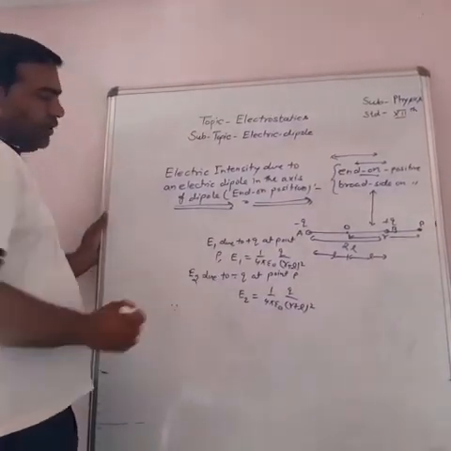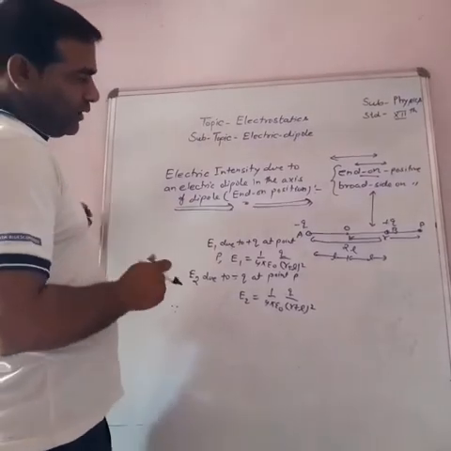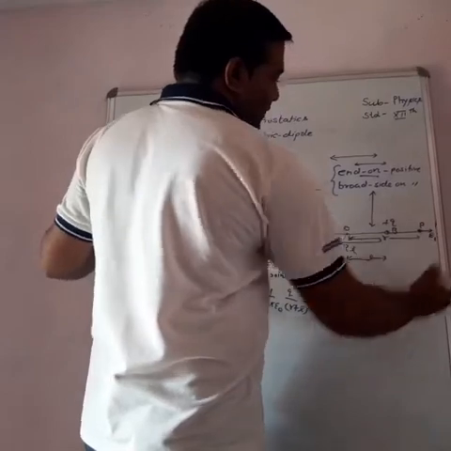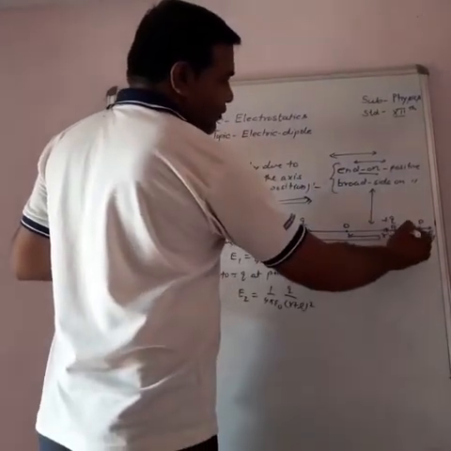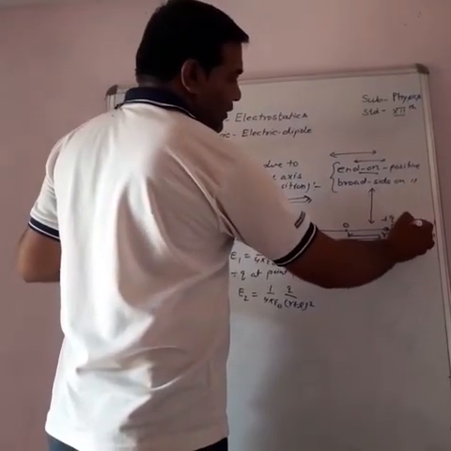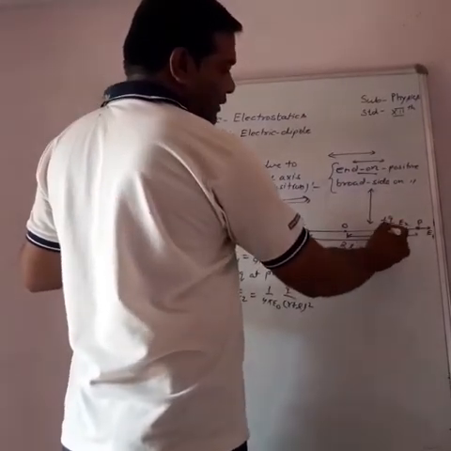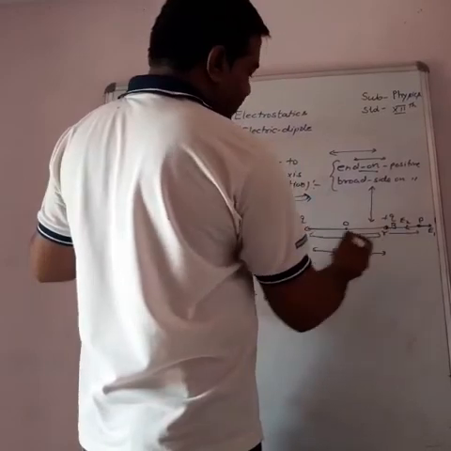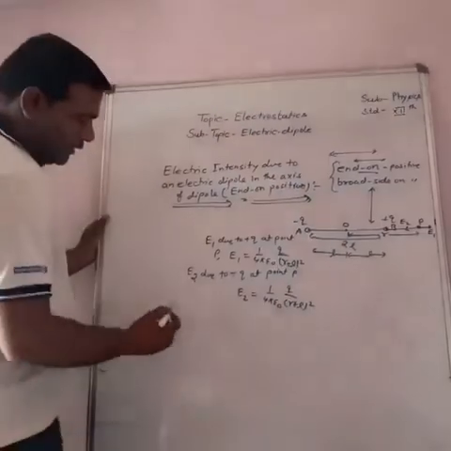Since E1 and E2 are vector quantities and the direction of E1 is outward and E2 is inward. For positive charge, the direction of the field is outward and for negative charge inward.